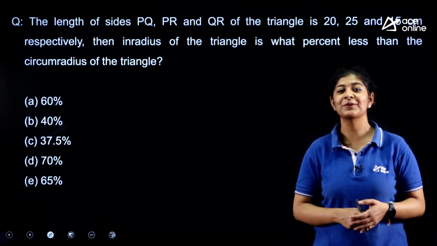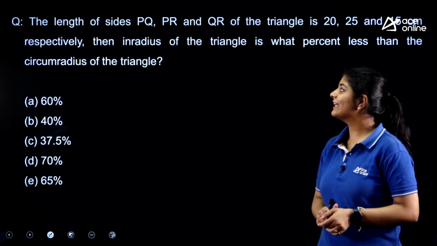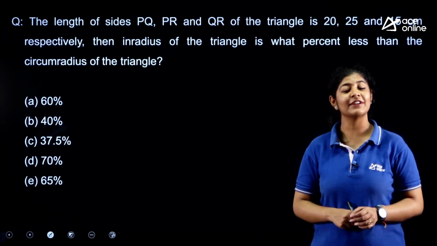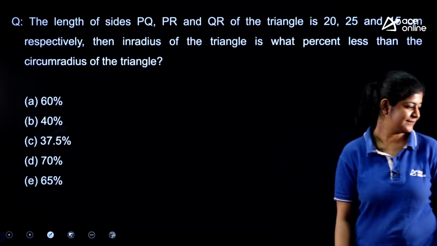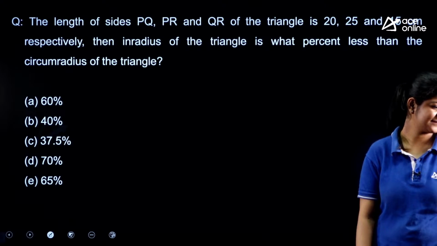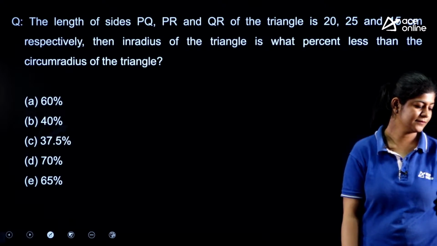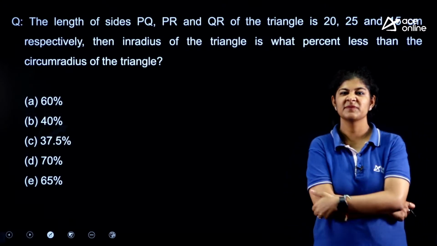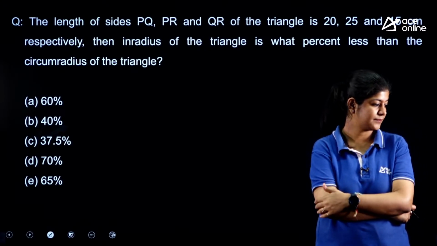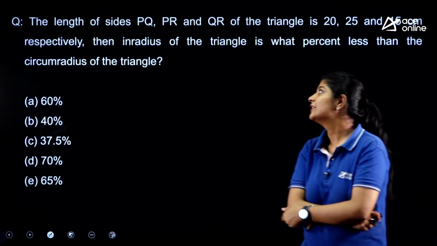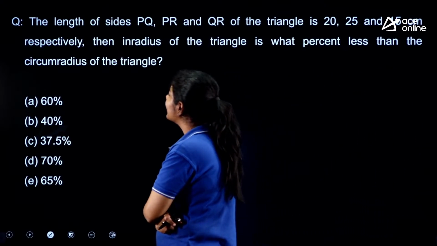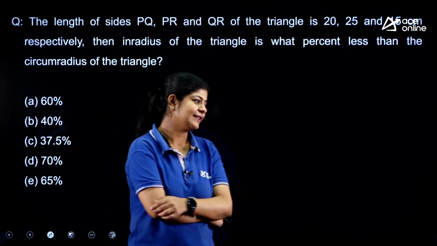Now if you know how to calculate inradius and circumradius, only then can you calculate the answer to this particular question. It's a very simple one, but we need to calculate inradius and circumradius.